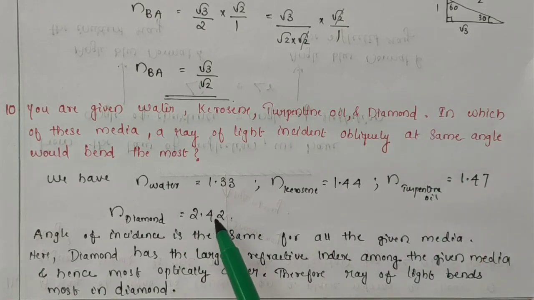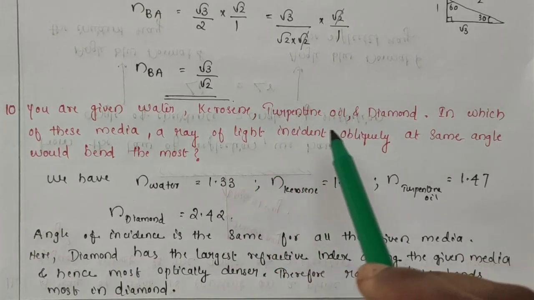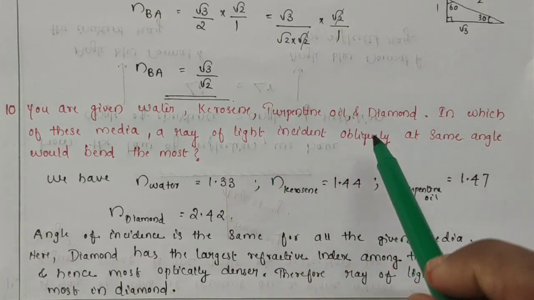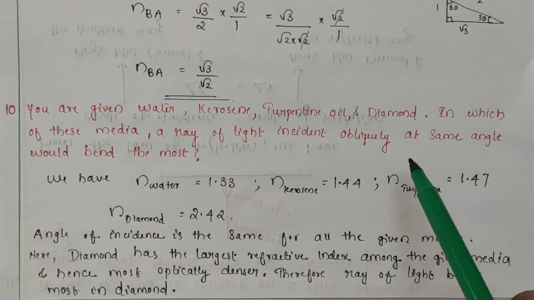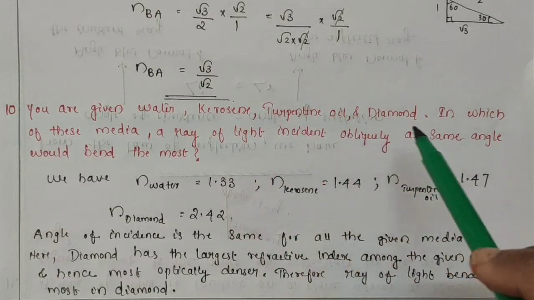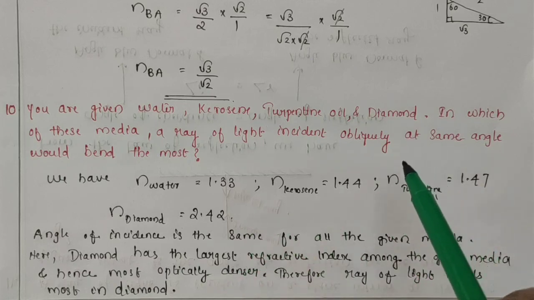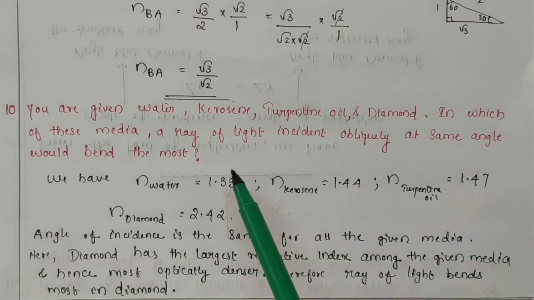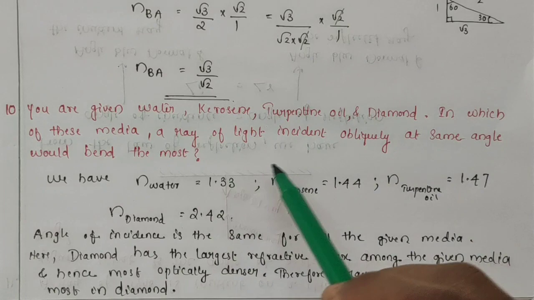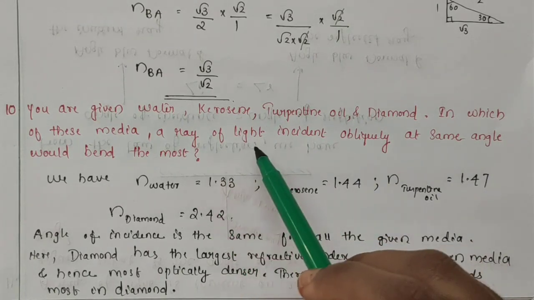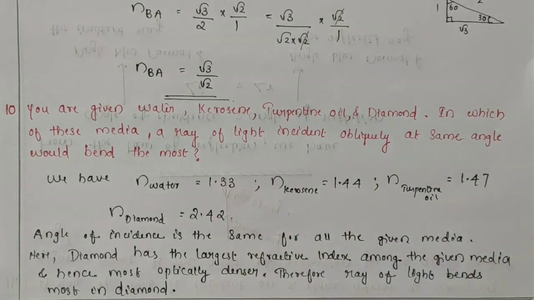Refractive index of diamond is 2.42. It is given that the ray of light is incident obliquely at the same angle. Okay, so angle of incidence is the same for all the given media. We want to find out in which of these media the ray of light would bend the most.